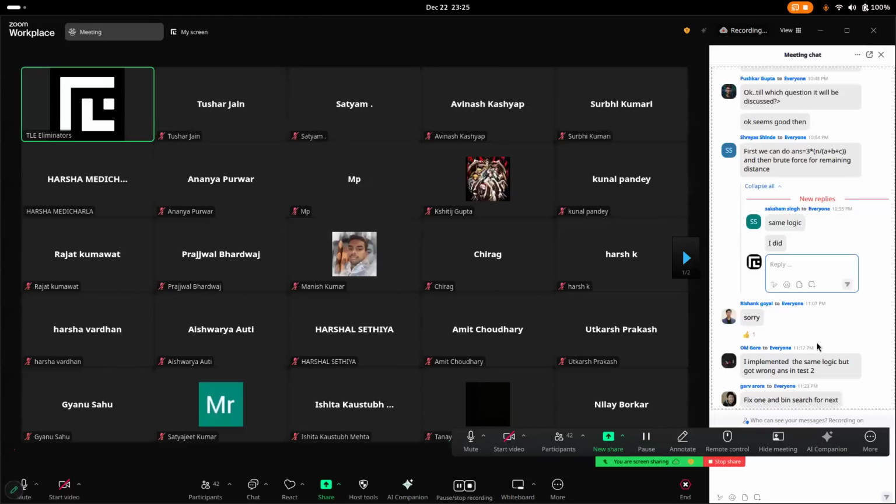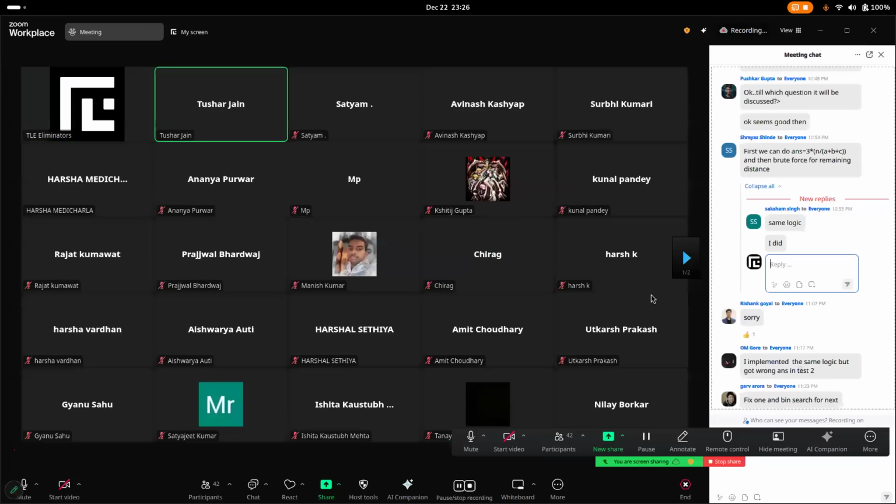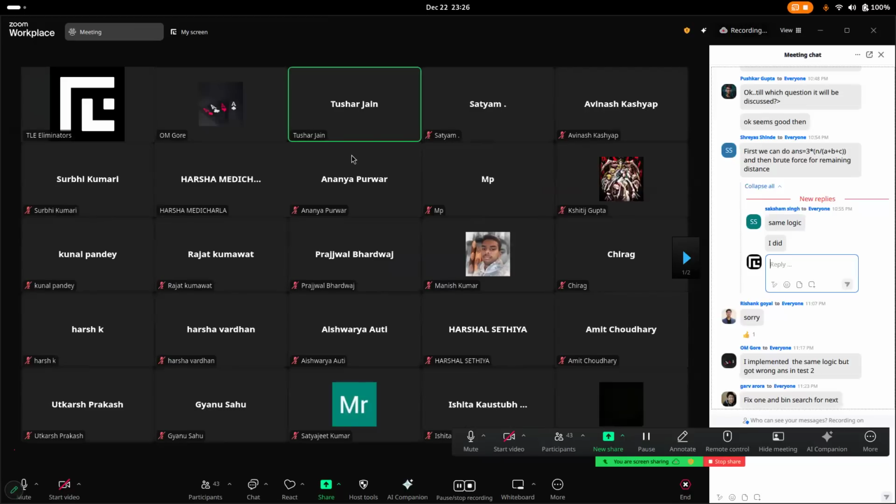But got wrong answer in test case 2. Fix one and binary search for the next. Okay. Sir, can you please tell the average rating of this question, or the site from which I can see the rating of this particular question?